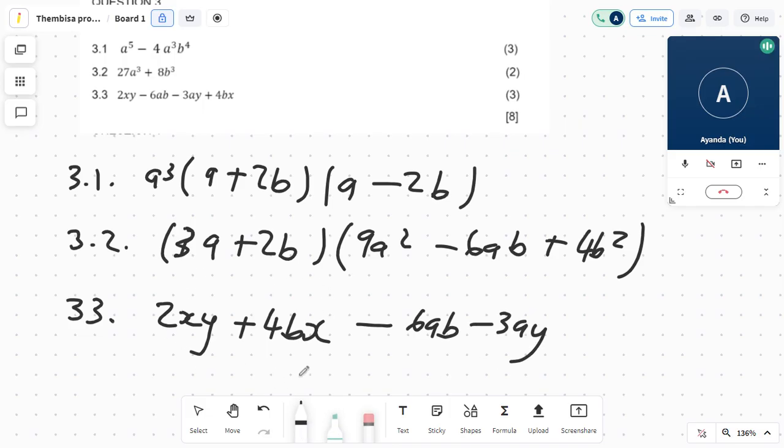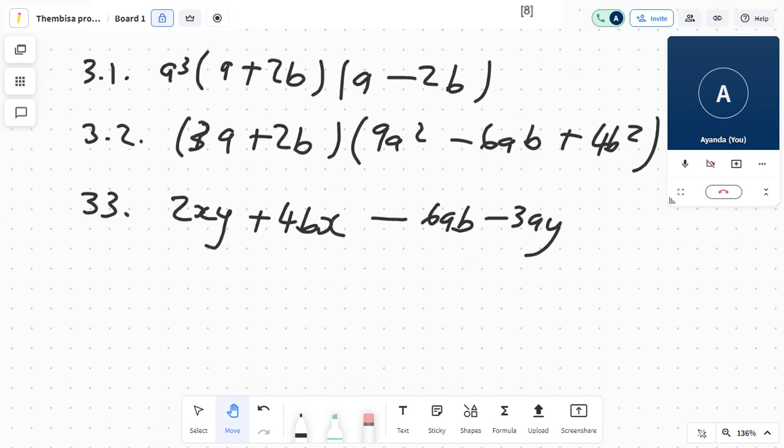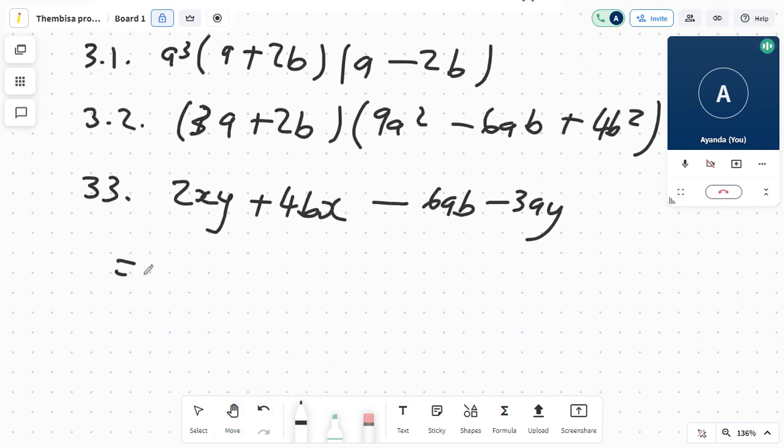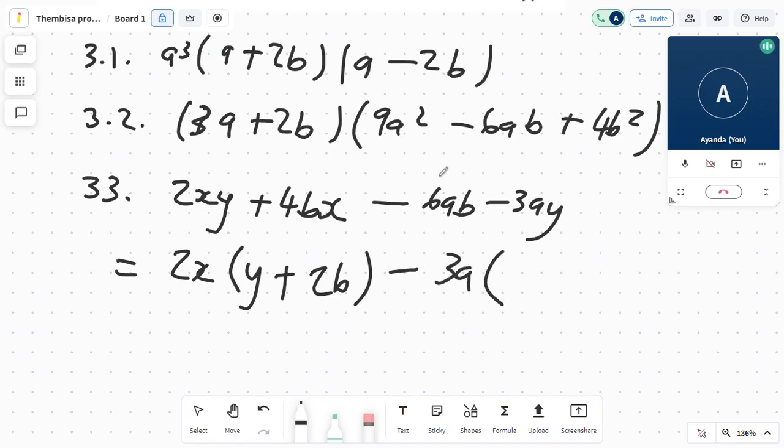So here we're grouping the x's together, and here we're grouping the a's together. Now we're going to remove a common factor, 2x, multiplied by y plus 2b, since 4bx divided by 2x gives 2b. Then minus the common factor 3a, times 2b, since 6ab divided by 3a gives 2b, plus y, since 3ay divided by 3a gives y.